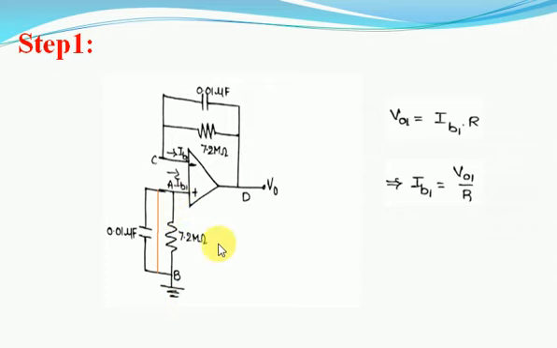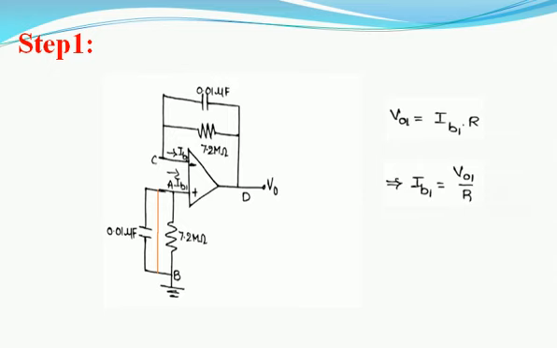In that case, we have to calculate the value of V0. Since the AB terminals are shorted, this V0 is produced due to the bias current IB1 into the impedance R connected across the output side. Therefore, from this equation we can find the value of IB1 as V01 by R.